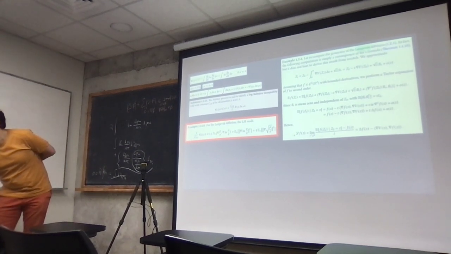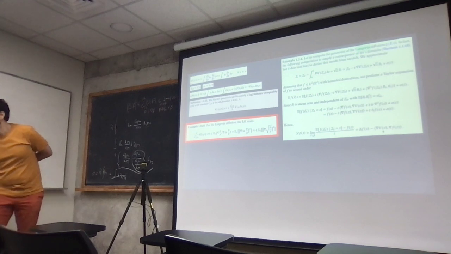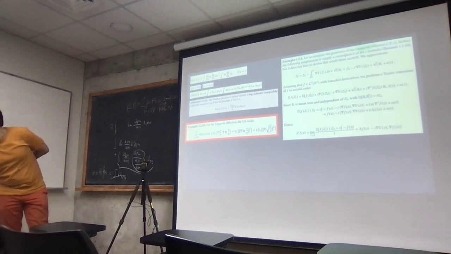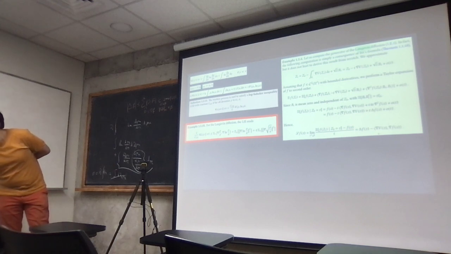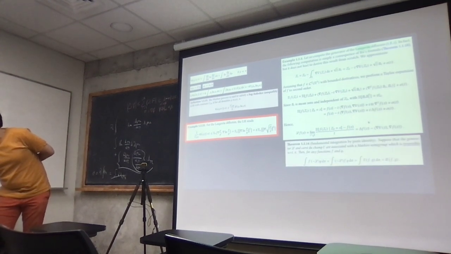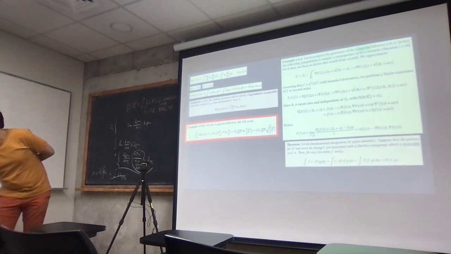For the Langevin diffusion, the generator is like a Laplacian with a gradient of V, the first-order part being minus gradient of V. And then this is what we saw last time.